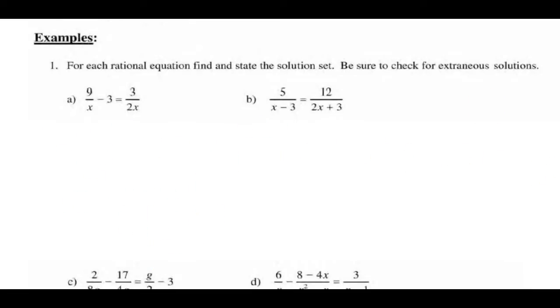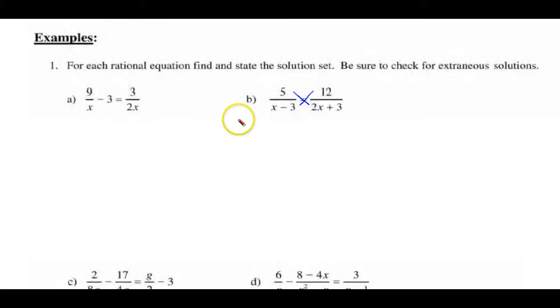Now, in looking at our next example here, this is a case where things are a little bit different. Here we had 3 terms. Here we just have a fraction and a fraction. So our common denominators are actually these 2 things. But a technique we can use when we have something like this is we just cross multiply.